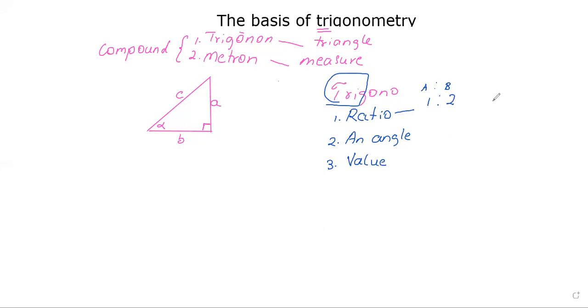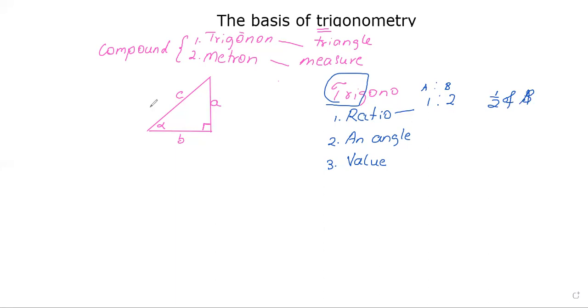So what actually happens is that A gets half of what B gets.